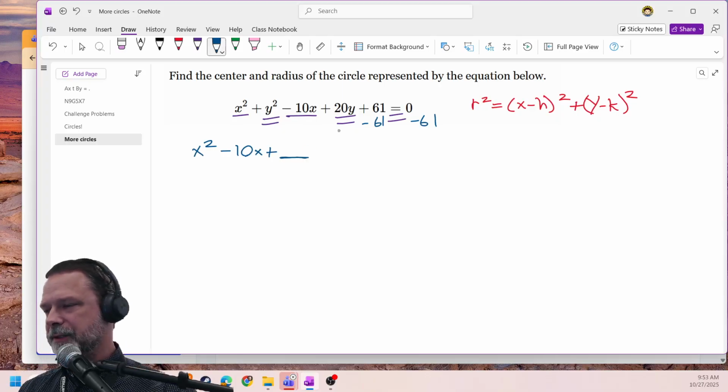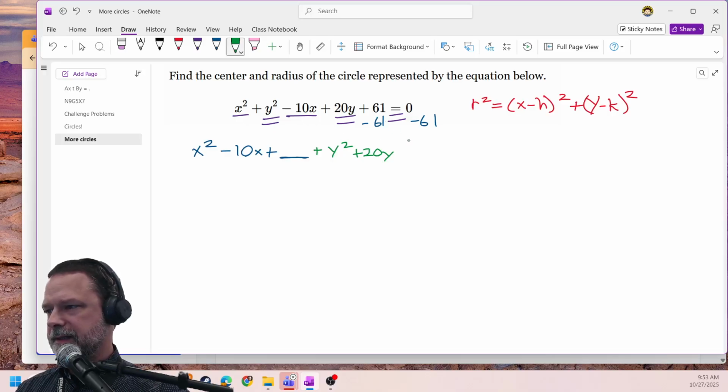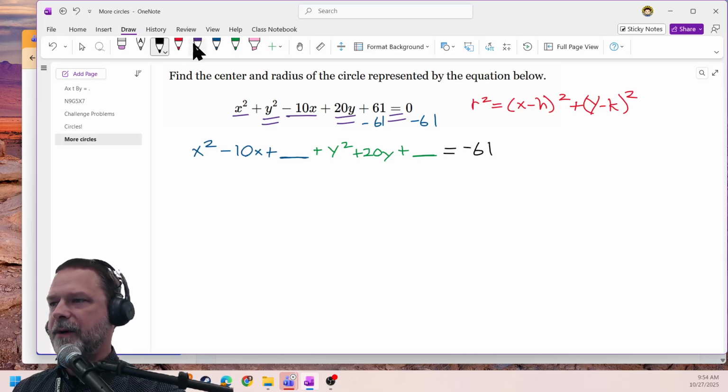This is the way I like to do it. And then my y's. Let's go ahead and use a different color. So plus y squared plus 20y, plus a blank. And then we have our equals negative 61.